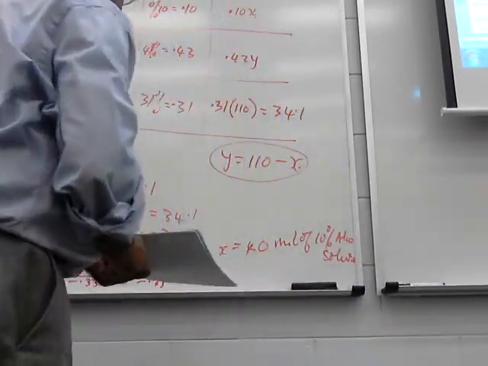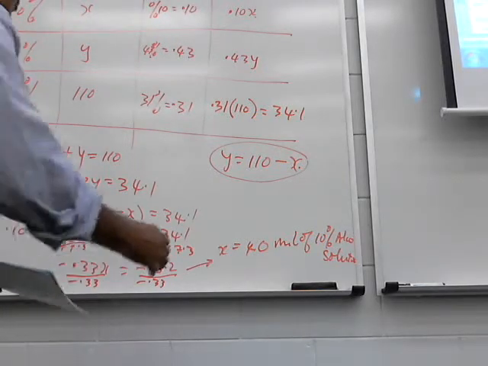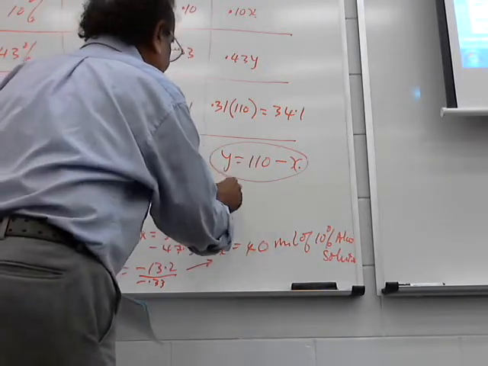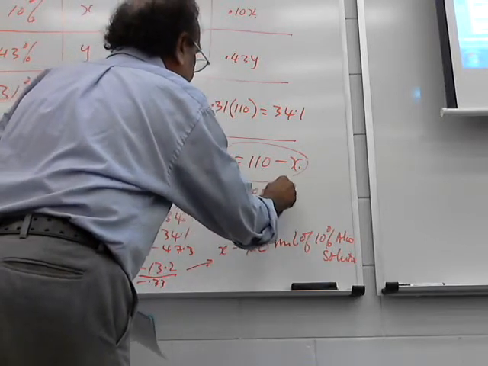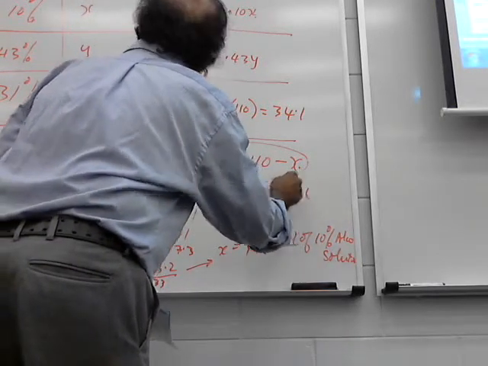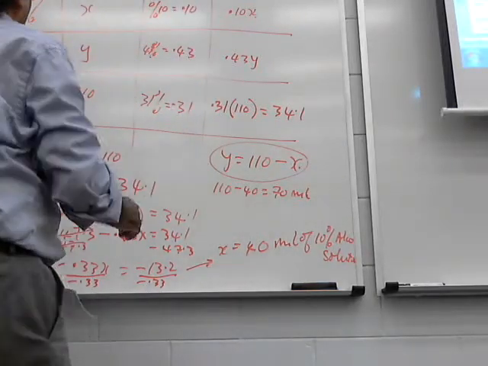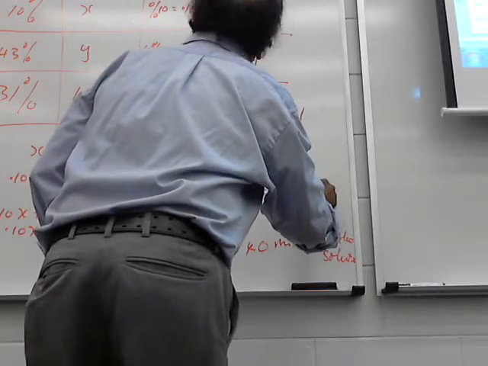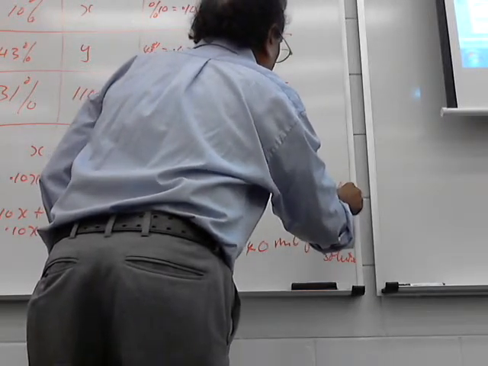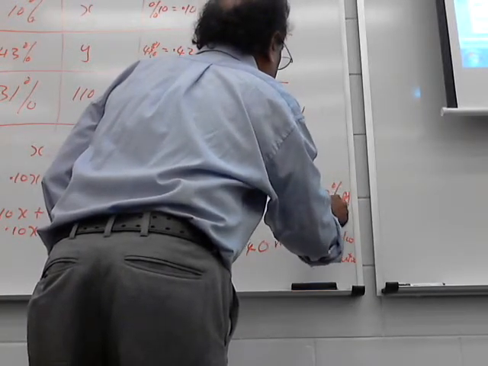And then, if you get 40 milliliters, you subtract 40 from 110, and 110 minus 40 will give us 70 milliliters of the 43% alcohol solution.